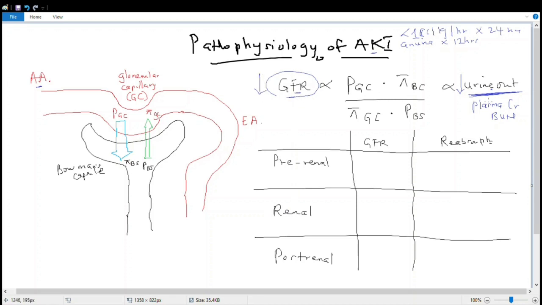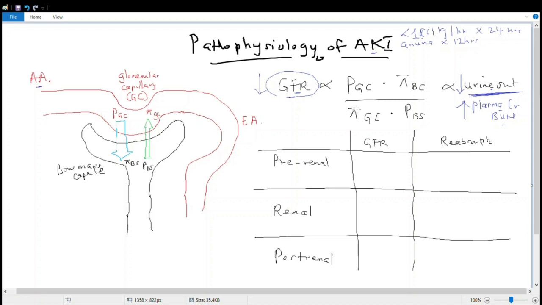So decreased GFR decreases urine output acutely, and GFR is also needed to get rid of plasma creatinine and BUN. So if we decrease GFR, we are going to have an increase, because of the inverse relationship, in plasma creatinine and BUN. So you can also define acute kidney injury as acute rise in creatinine or acute rise in blood urea nitrogen.